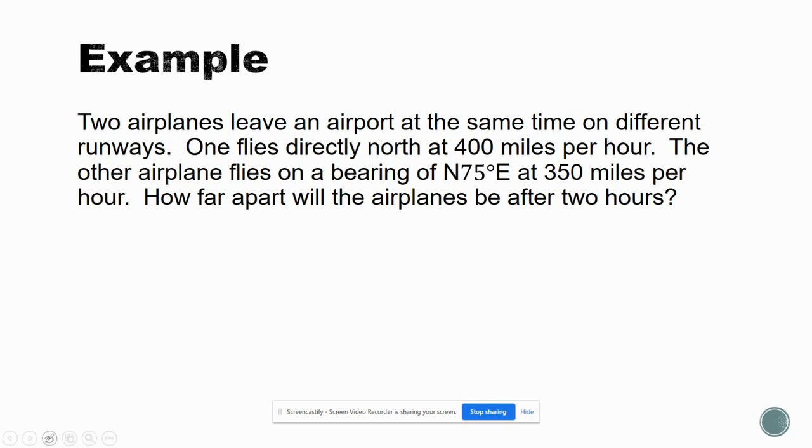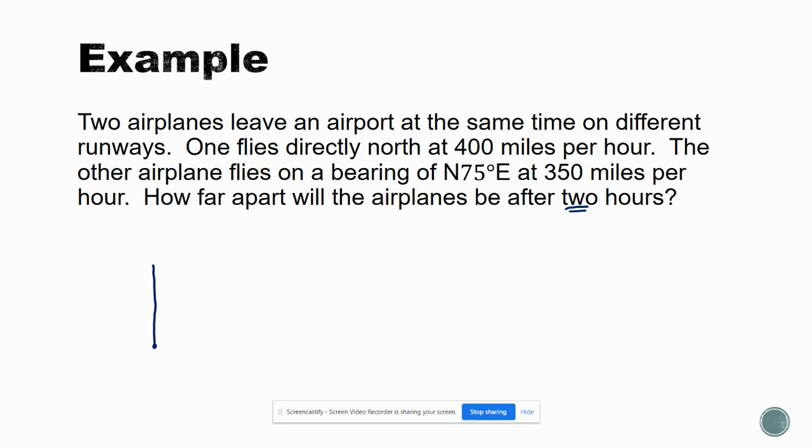So to help us with this, I would suggest that we first and foremost sketch a picture. If one airplane is flying directly north, let's have the airplane start here. Flying north means that they're heading up. Notice the directions ask how far apart the airplanes will be after 2 hours.